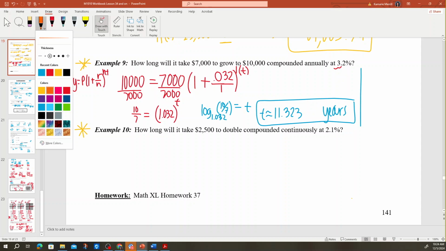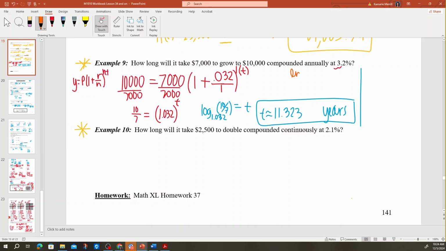You guys could have chosen to log with a base 1.032. You guys can also do the balanced equation way instead of the converting way. You guys could log with this base. So I had ln to both sides. I had ln of 10 over 7, and then I had ln of this 1.032.